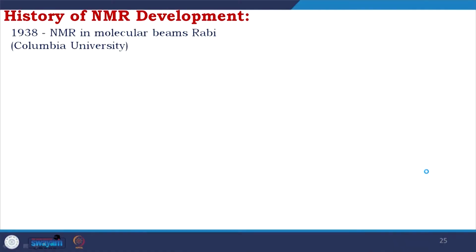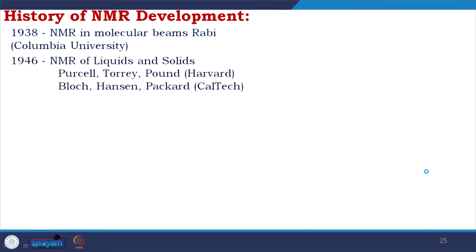In 1938, NMR in molecular beams was done by Rabi from Columbia University, who first took the NMR setup and NMR signal. In 1946, NMR of liquids and solids was performed by Purcell, Torrey and Pound from Harvard University, and Bloch, Hansen and Packard from Stanford.